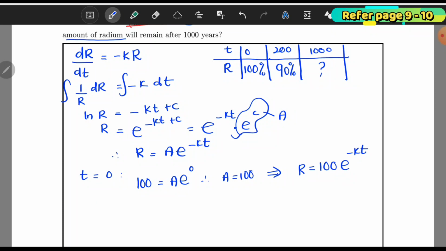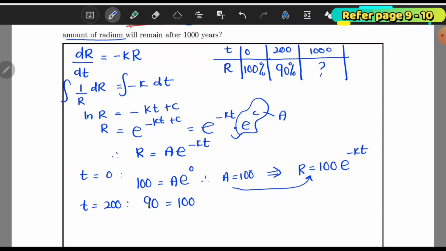The next information is when t equals 200, the amount becomes 90. We refer to the previous equation, R equal to 100 exponent negative kt. For this case, R is now 90.